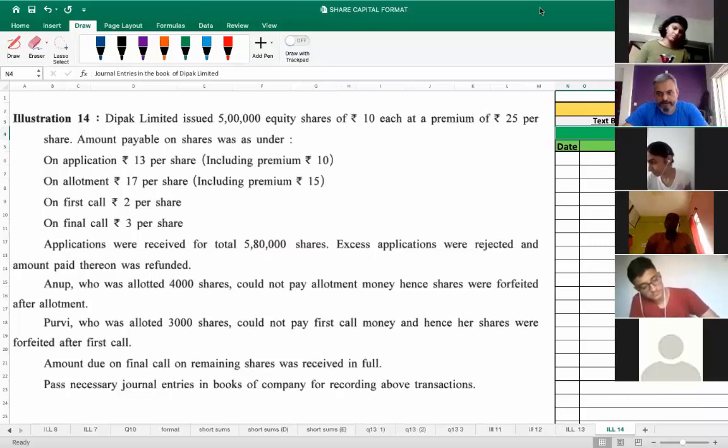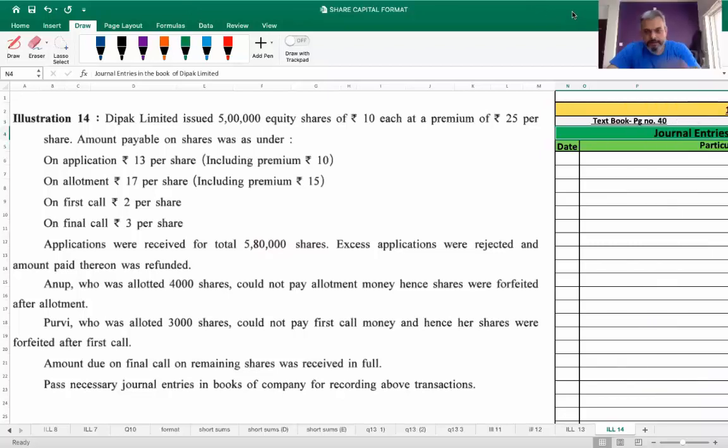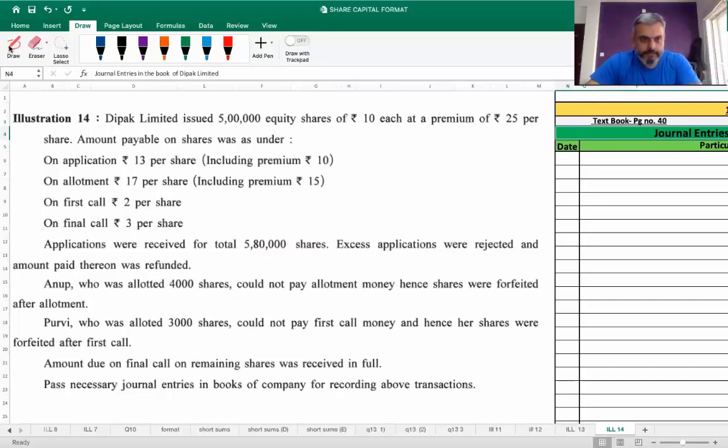Okay, now let's start with the sum. Illustration 14, most important for your exam. Deepak Limited issued 5 lakh equity shares of rupees 10 each at a premium of 25 per share.